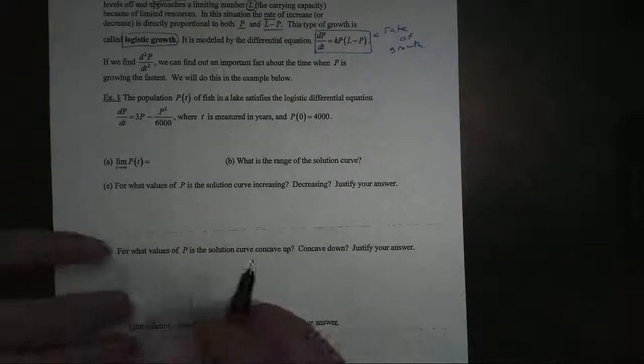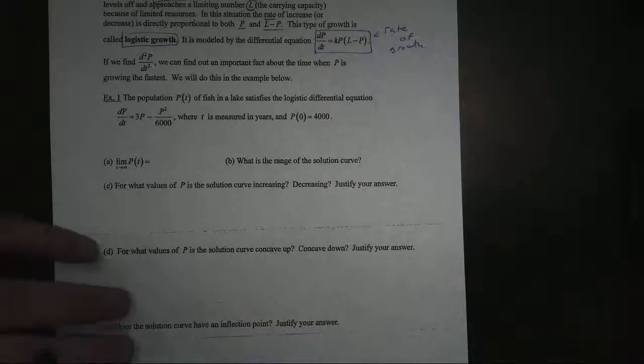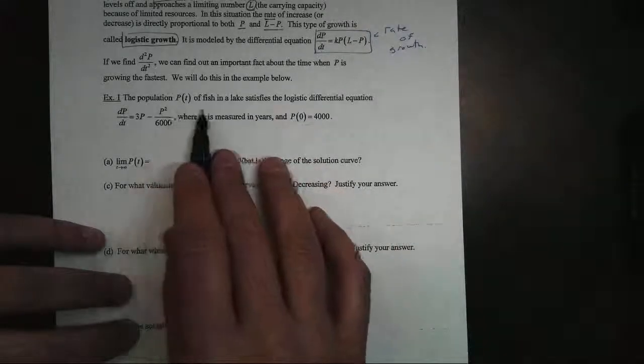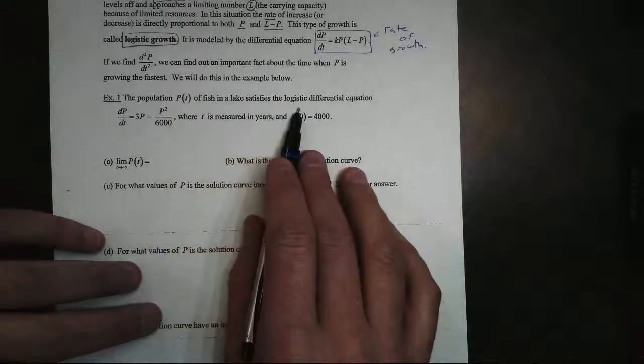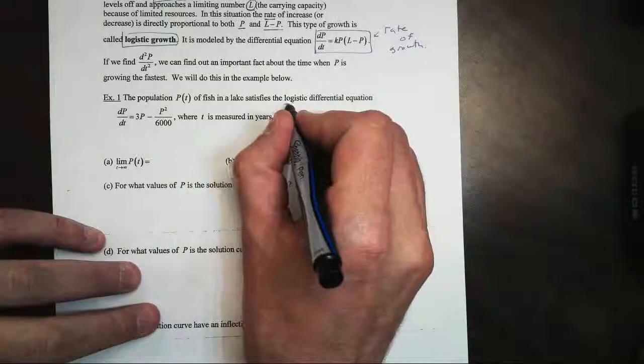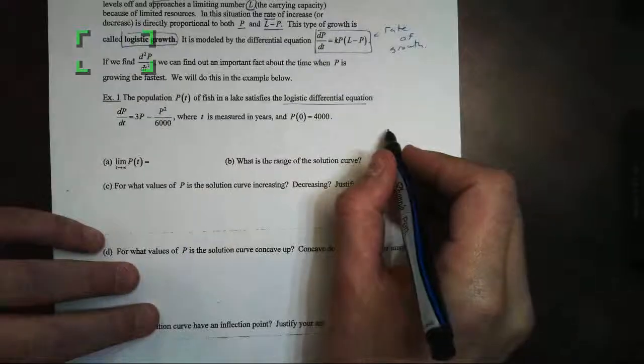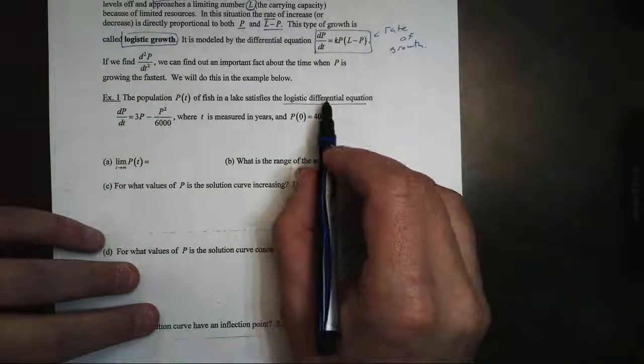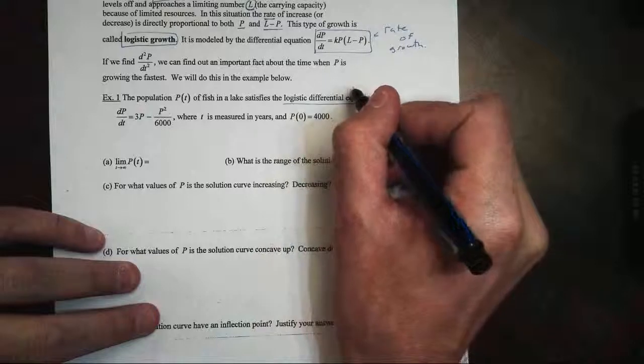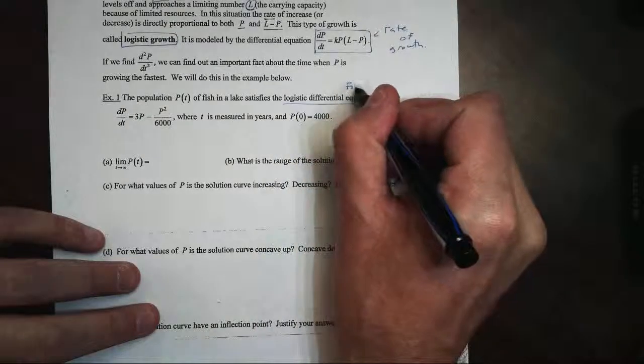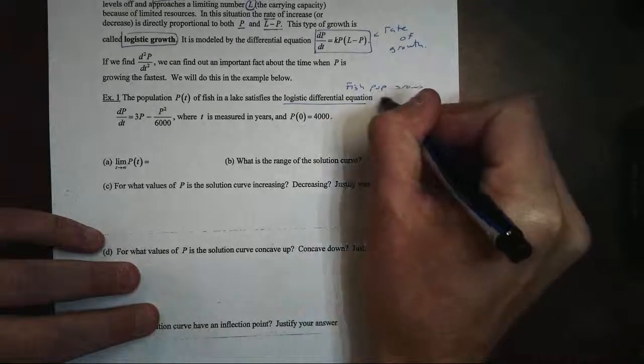So let's pretend we work for the Fish and Wildlife Department of the United States government. And we're being told that the population of a fish satisfies this logistic differential equation. Now, we have to translate this for the non-math speaker, of course. All this is telling us is that the fish population grows at this rate.